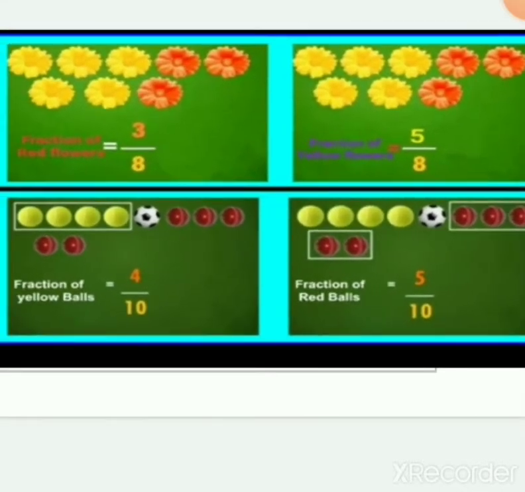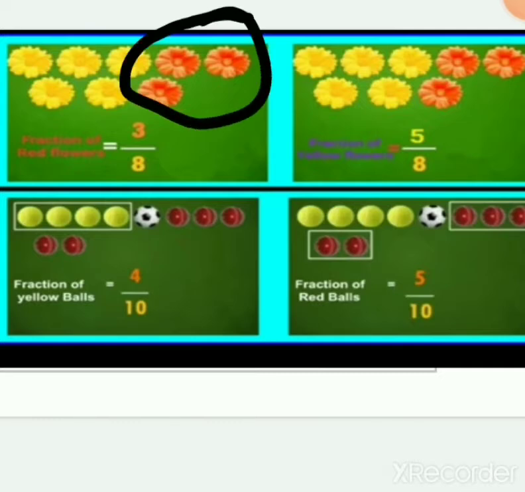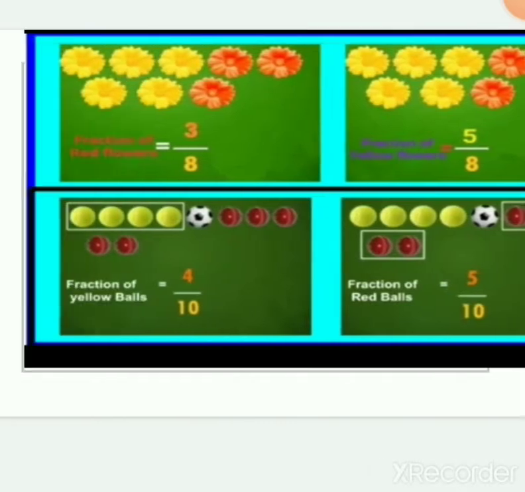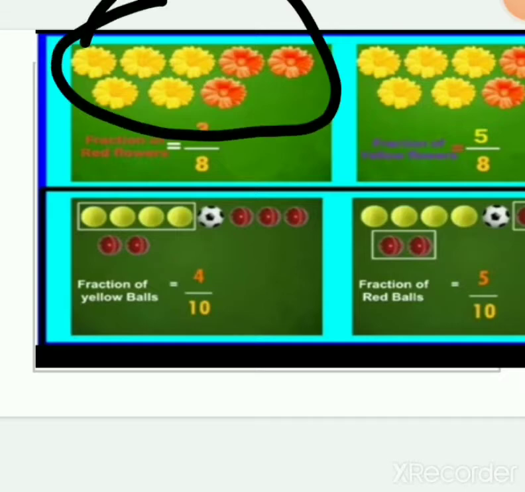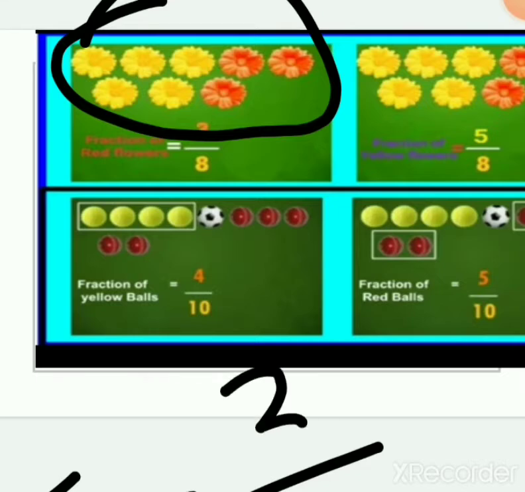We have this picture here. The fraction of the red flowers. How many red flowers are here? 3. And the total number of flowers is 8. If you count the total flowers, they are 8 in number. If it is asking the fraction of red flowers, the total is 8 and the red flowers are 3, so it is 3 upon 8.